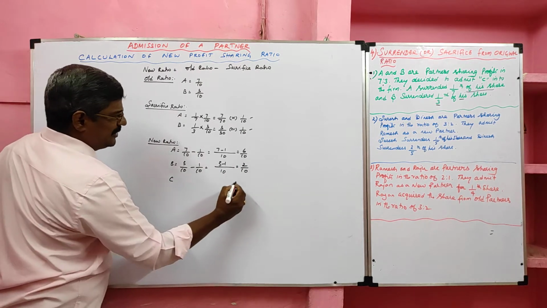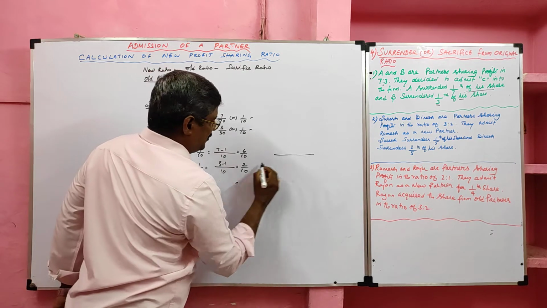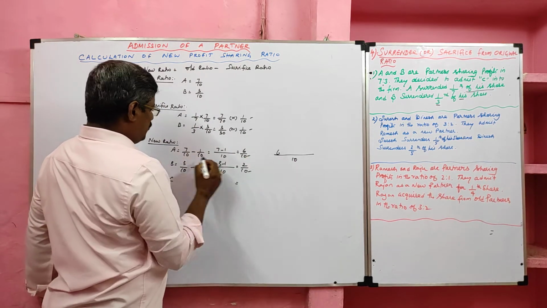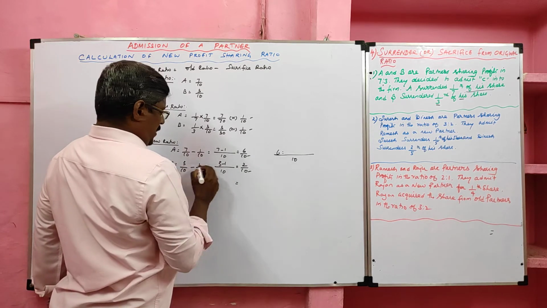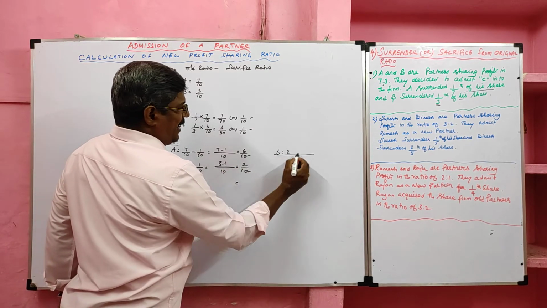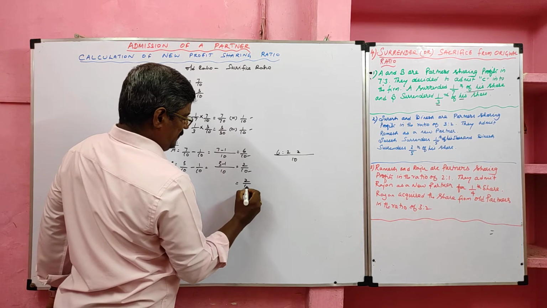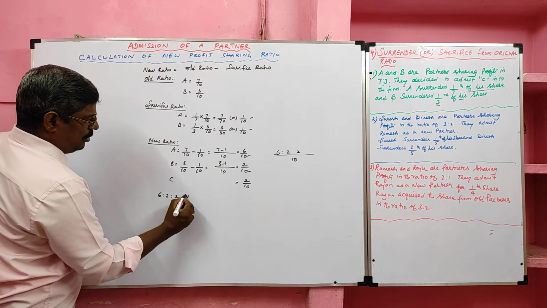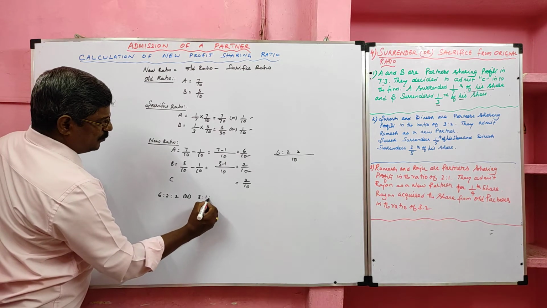Next, C's new share is very easy. Total available share is 10, of which 6 shares go to A, 2 shares go to B, balance 2 shares go to C. So new ratio 6:2:2 or we can say 3:1:1.